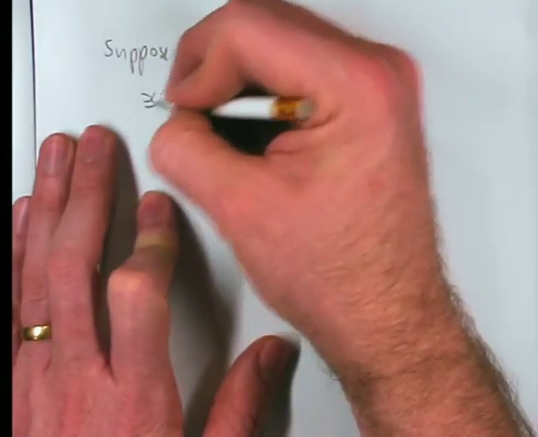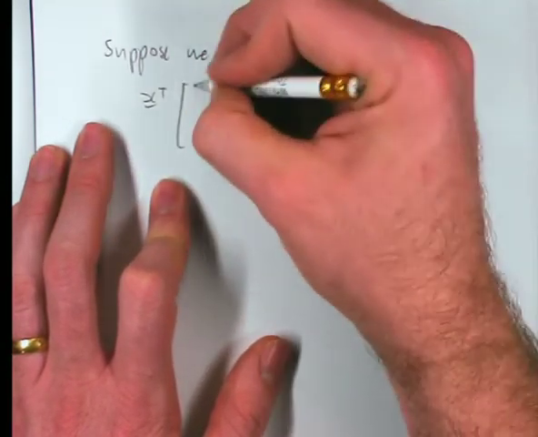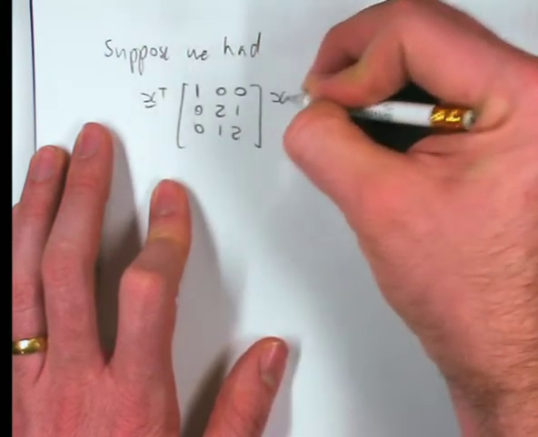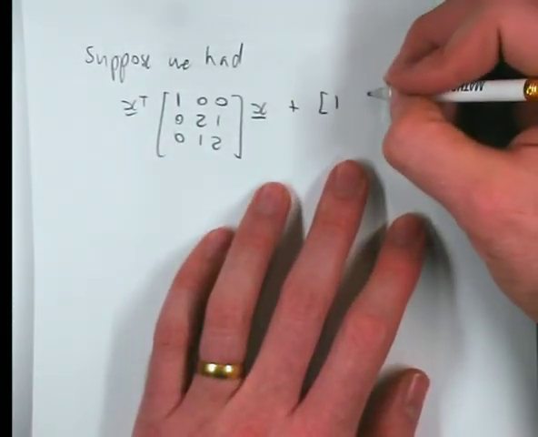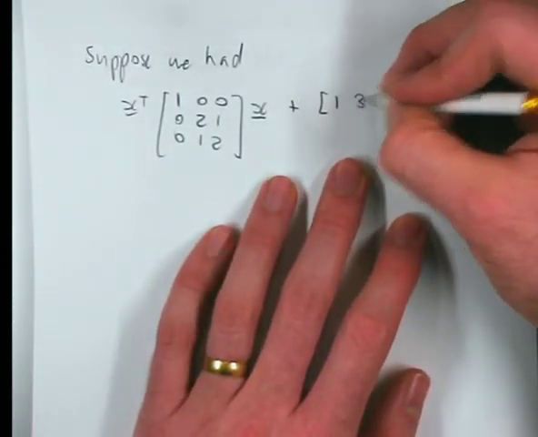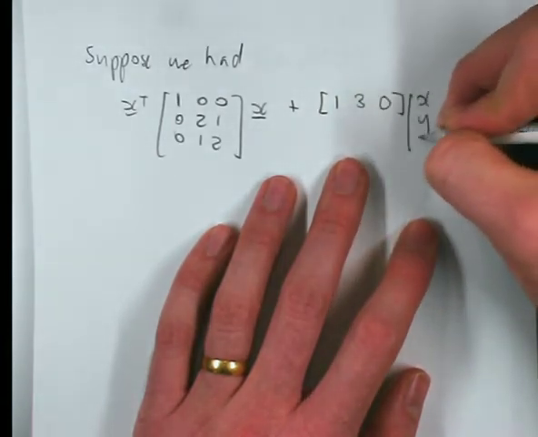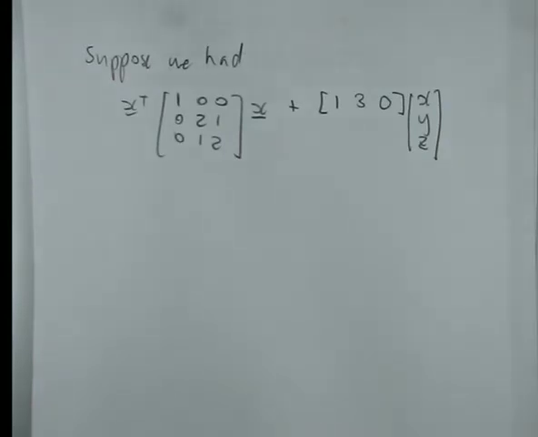So suppose we had X transpose, 1 0 0, 0 2 1, 1 2, X plus... so remember that your original equation would have had a 1x and a 3y and no z's.